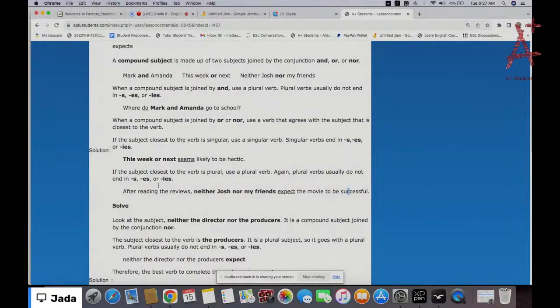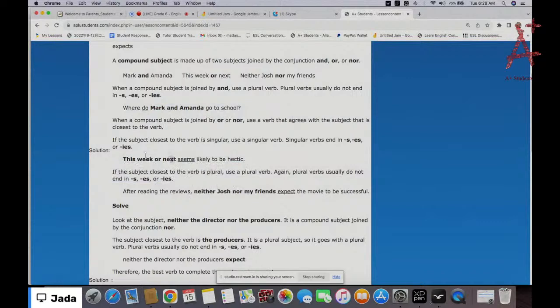Okay. So now when a compound subject is joined by "or" or "nor", use a verb that agrees with the subject. So when you go to the questions and you see "or" or "nor", you just use the verb that is closest, that agrees and makes sense. So look at the sentence here: "This weekend or next seems likely to be hectic."